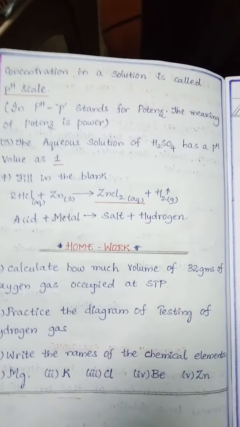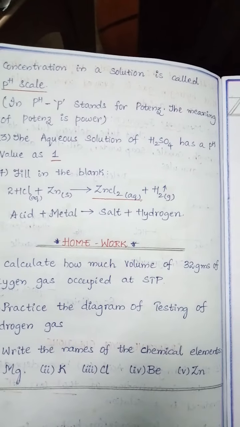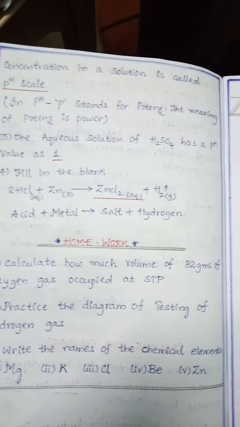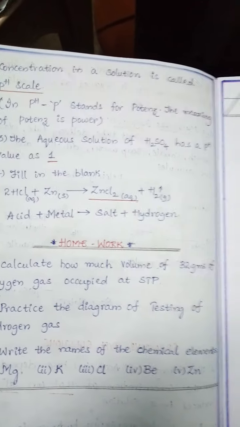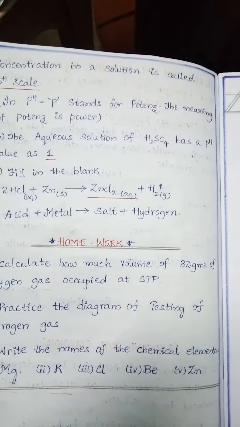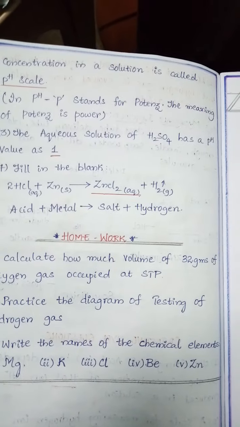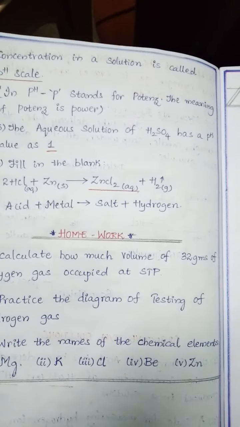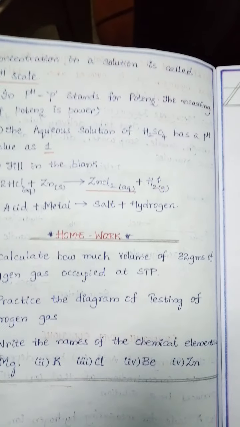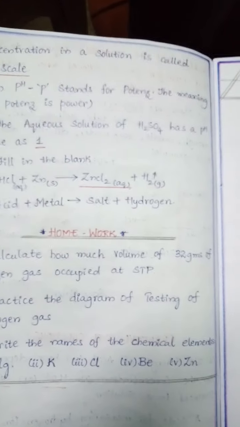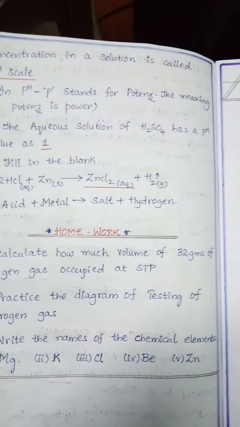Fourth and the last bit, students: fill in the blank in the given chemical equation. When hydrochloric acid reacts with zinc, it gives rise to dash plus hydrogen gas. Here, hydrochloric acid is in the aqueous state, and zinc is in the solid state, which is a metal here. It gives rise to salt plus hydrogen gas.